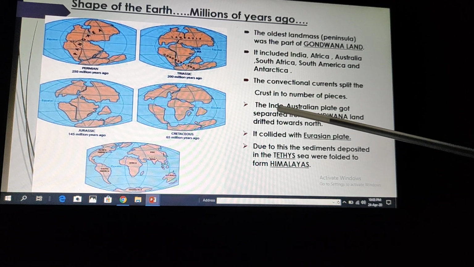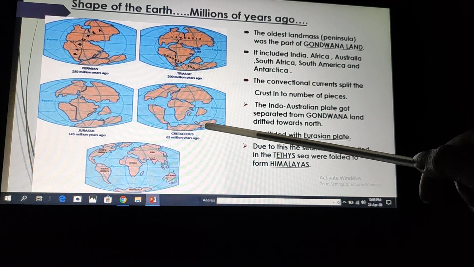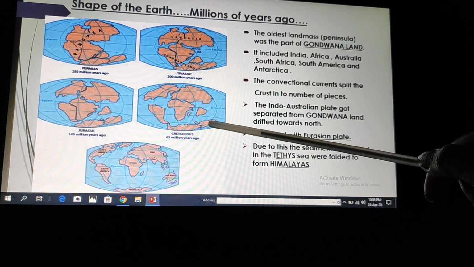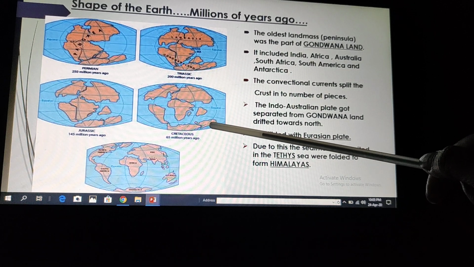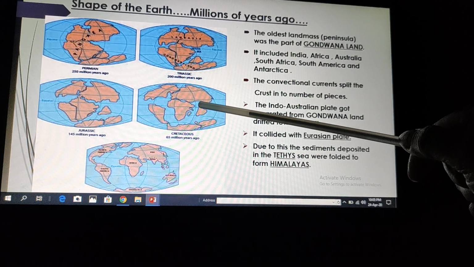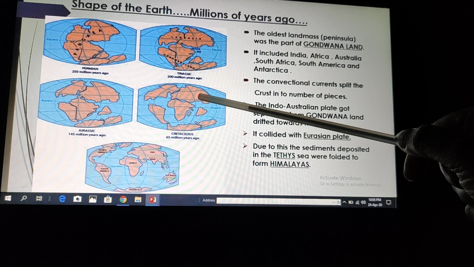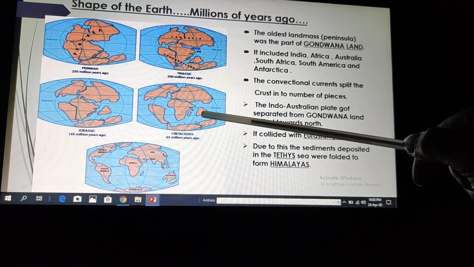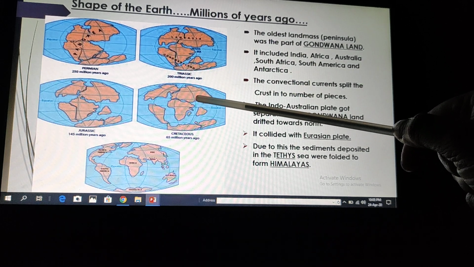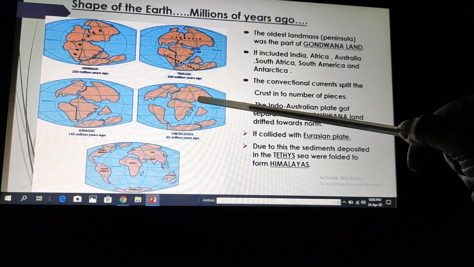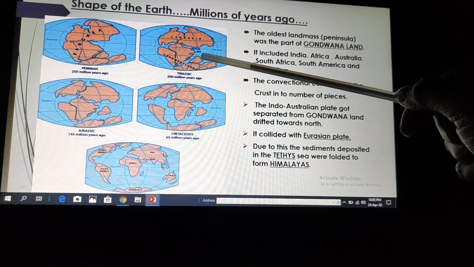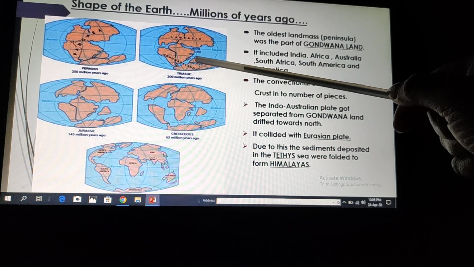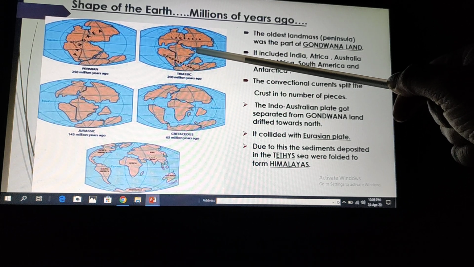So the Indo-Australian plate got separated from Gondwana land, and then they started moving towards north. India started moving towards the Eurasian plate. This is the Eurasian plate in the north, and this is India. So it got separated from Australia and started moving towards north.